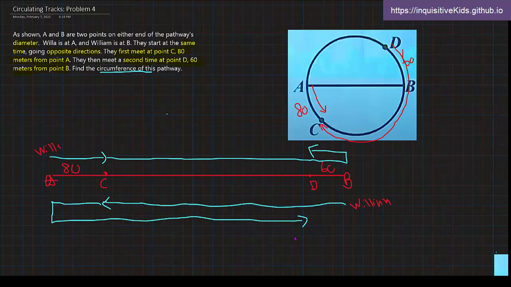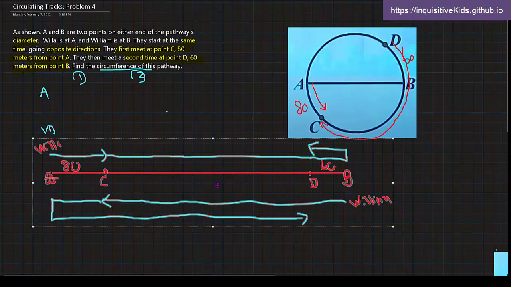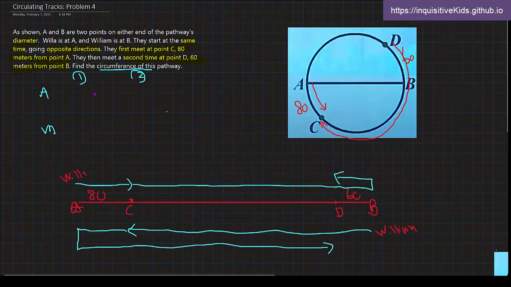Okay, so I have my diagram drawn. Now this is something very important. They met two times, and I have 1 and 2 showing which time they met. I'll call Willa A because she ends in A, and William M because he ends in M. Here I have made a chart to record the information from this diagram.